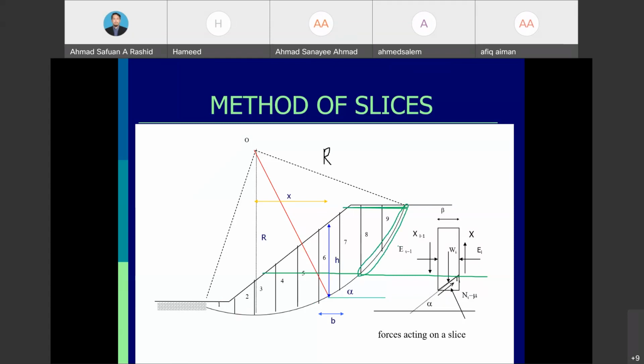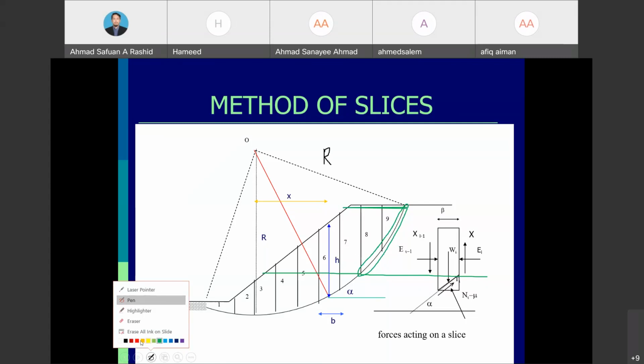at the base of the failure surface. So make sure that when we draw the slices, the base only covers one type of soil.